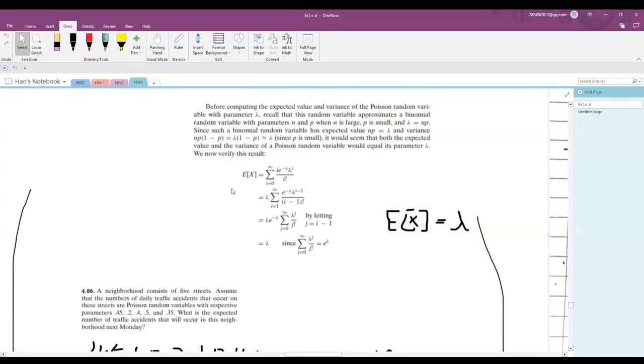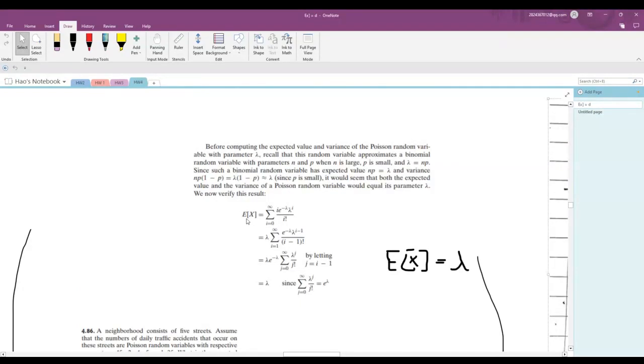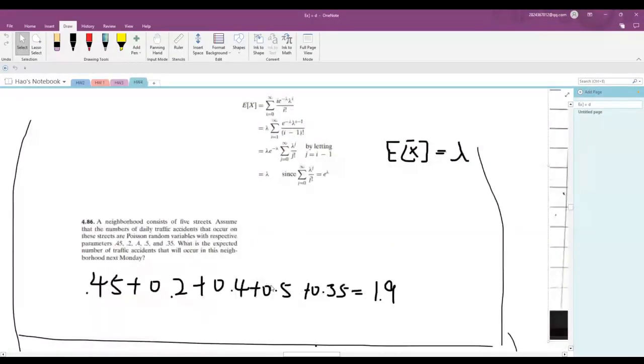Mm-hmm. And this one shows that the expected value is equal to lambda. And then I just add the numbers of the Poisson random variables to get the expected number of traffic accidents that will happen on Monday.